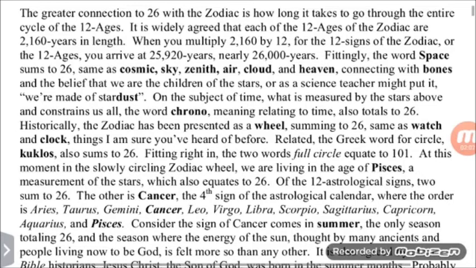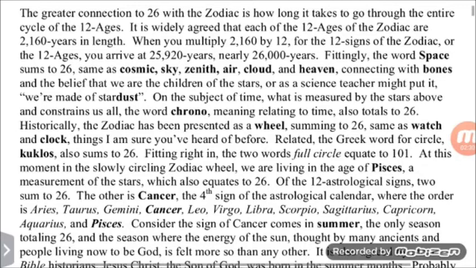Of the 12 zodiacal signs, 2 sum to 26. The other is Cancer, the fourth sign of the astrological calendar, where the order is Aries, Taurus, Gemini, Cancer, Leo, Virgo, Libra, Scorpio, Sagittarius, Capricorn, Aquarius, and Pisces.